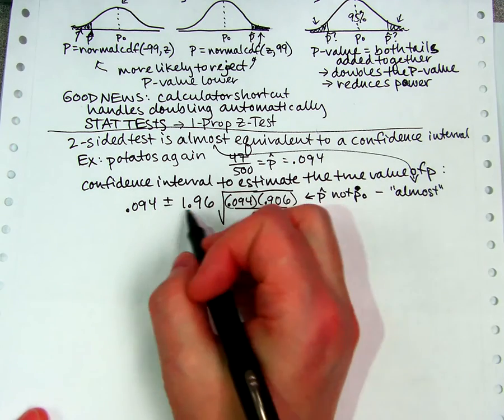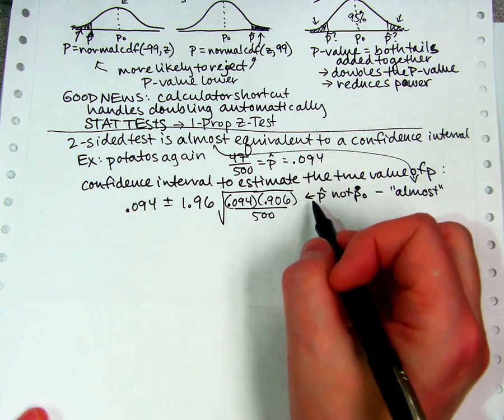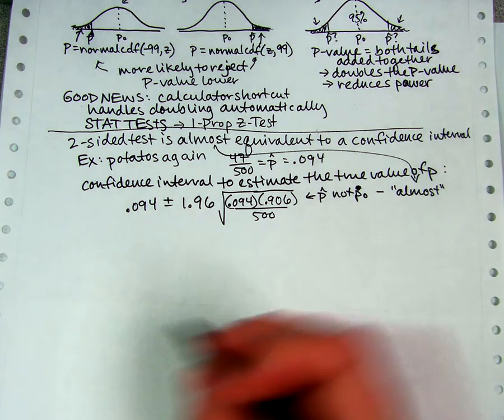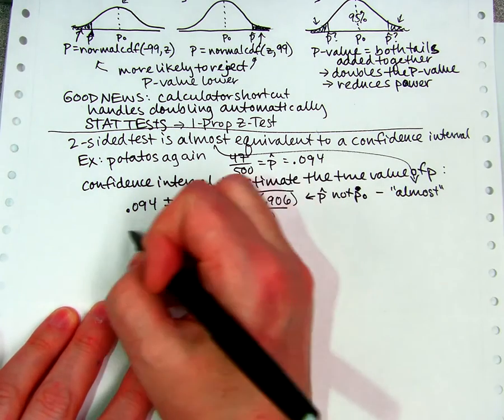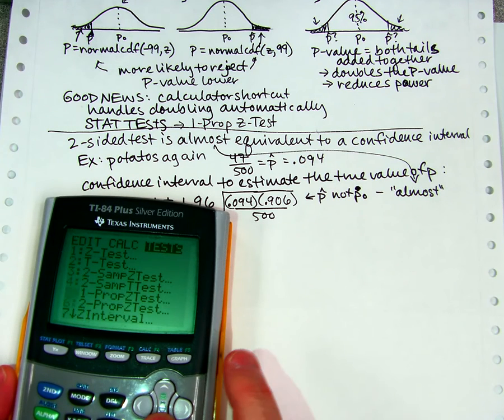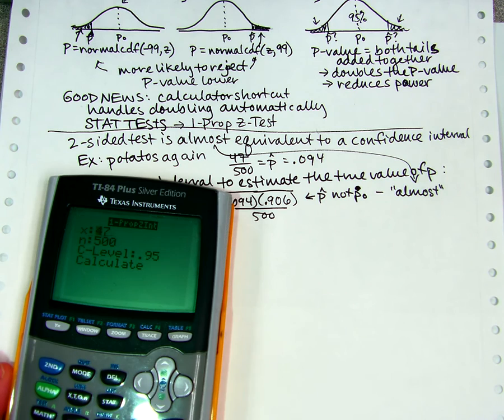So anyway, this thing would give me a confidence interval that would tell me that the true proportion is in there somewhere. Actually, maybe I won't even finish that. I'll just say, well, yeah, I guess I will. So let's actually find that value. I'm going to use the shortcut though. Remember, that's a one proportion z interval, and I would type in my 47. Oh, look, it's already in there for me because I did the test.